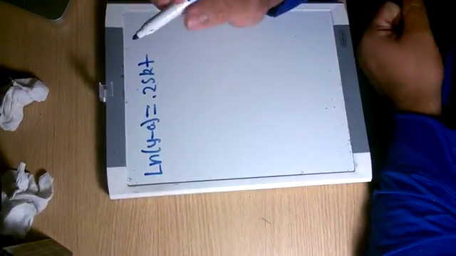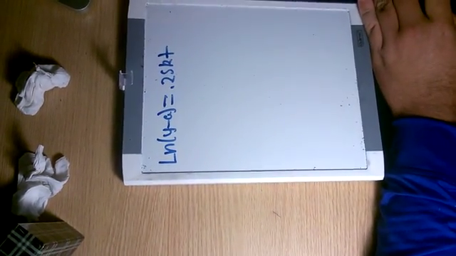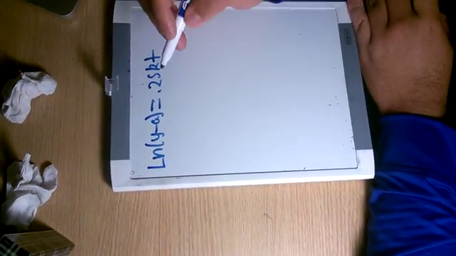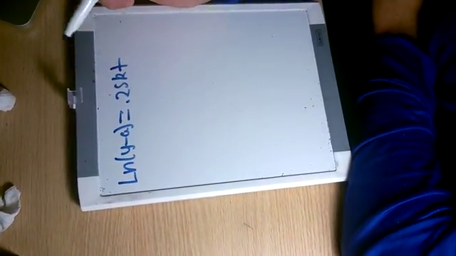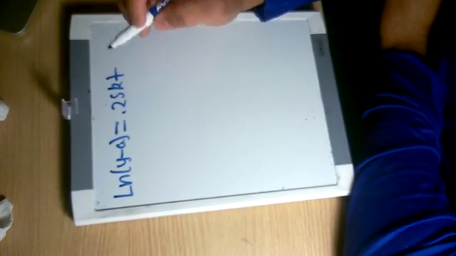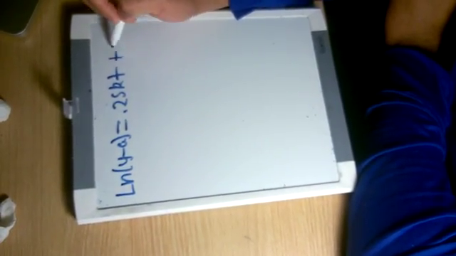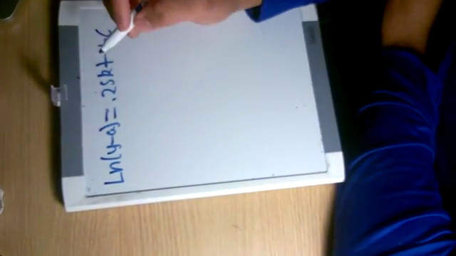Alright, now that we have this, we want to get y by itself on the left side. To do this, we need to exponentiate both sides. Don't forget the plus c here. We put both sides to the e power so we can get rid of the ln.